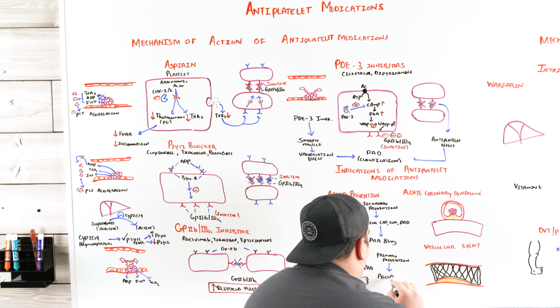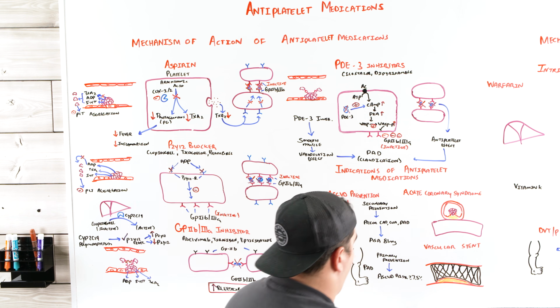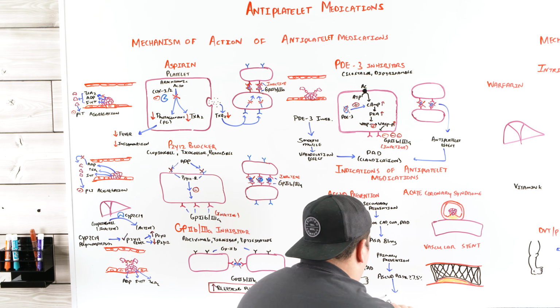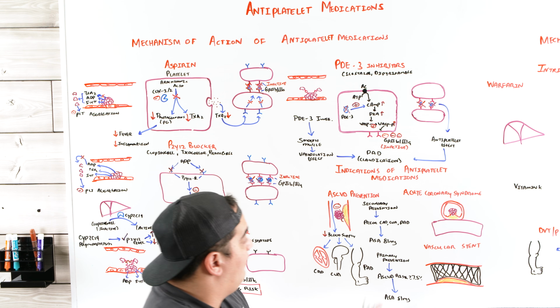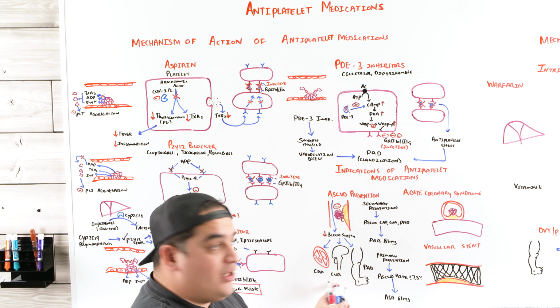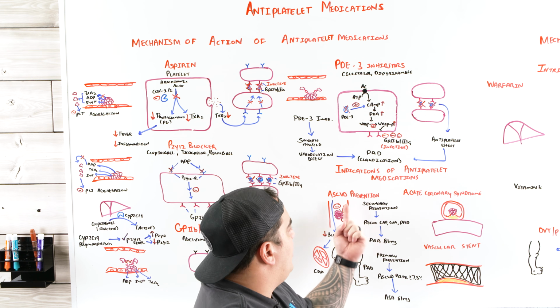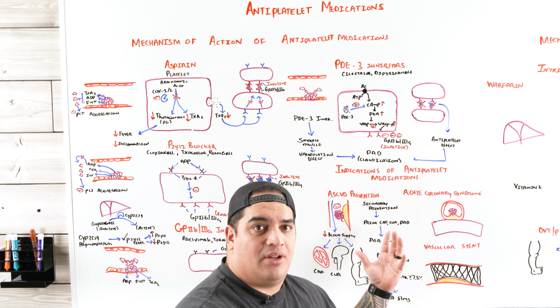The atherosclerotic cardiovascular disease risk, if that over a 10-year period is greater than or equal to 7.5%, then you can do aspirin or ASA at 81 milligrams daily to prevent them from developing events like CAD, strokes, and limb ischemia. Okay, so aspirin is really the big one here for atherosclerotic cardiovascular disease prevention.